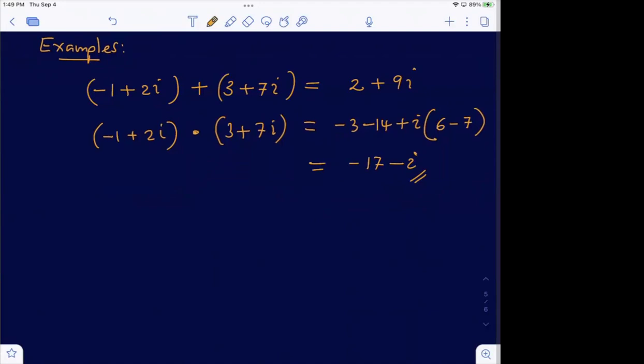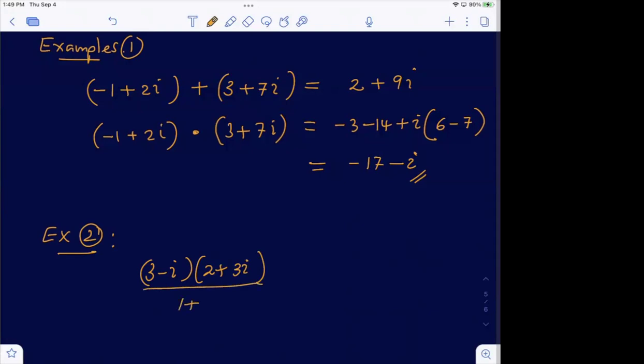Let's extend that to slightly more complicated combinations, which would help work with the assignments as well. So let's call this example number 1, example number 2. Let's simplify 3 minus i, 2 plus 3i divided by 1 plus i.